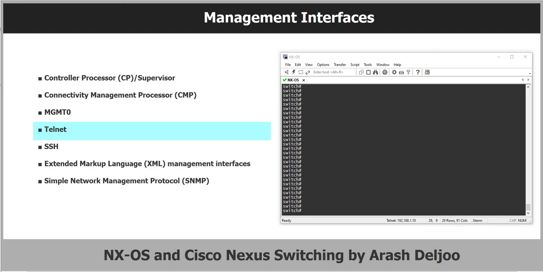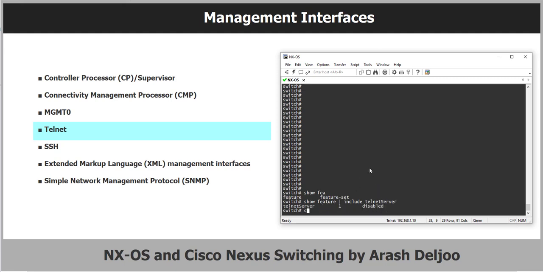The Telnet server is disabled by default on the NX-OS device, and you can check it with show feature, and then for example include telnet server. Look at here. As you can see, this feature is disabled by default.